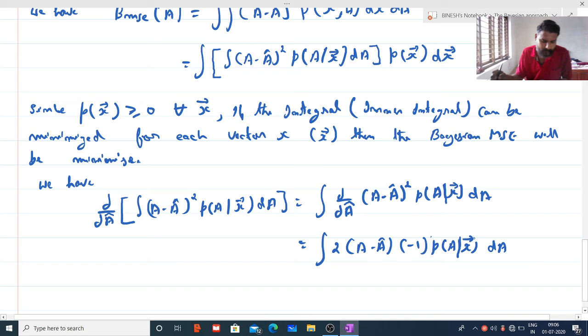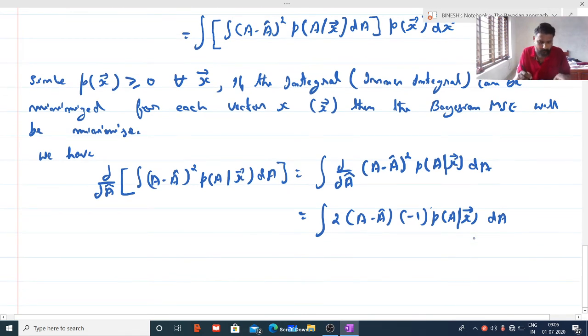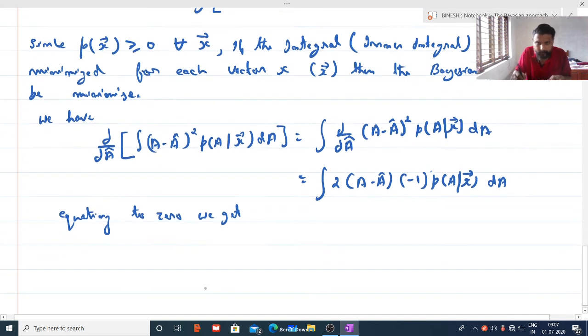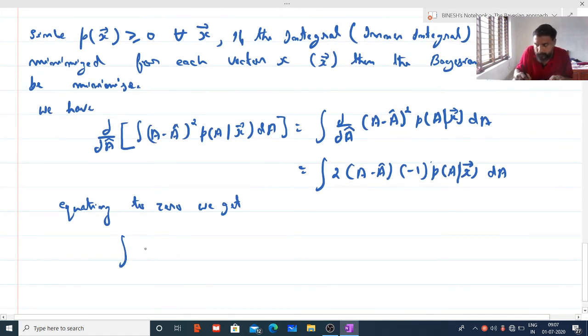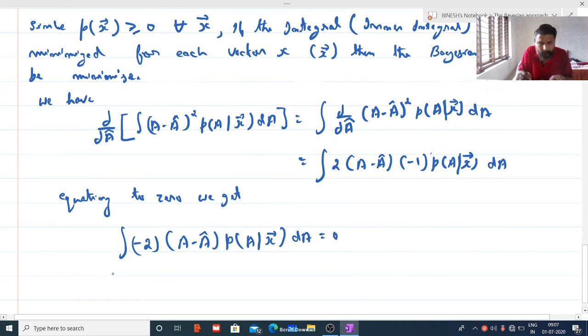Clear? So you just equate this to 0. We get the integral of minus 2 into (A minus A cap) into P of A given x, dA equal to 0.